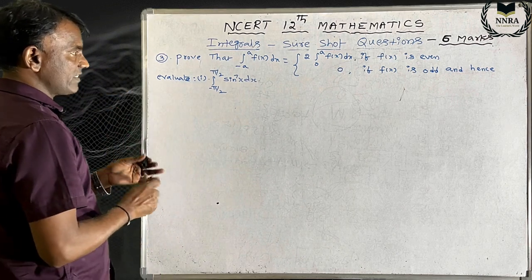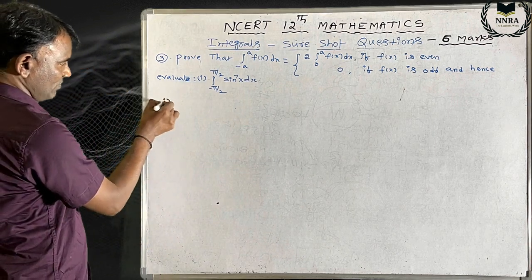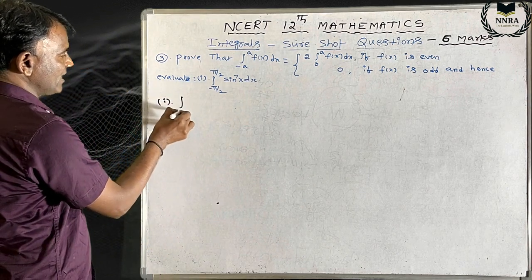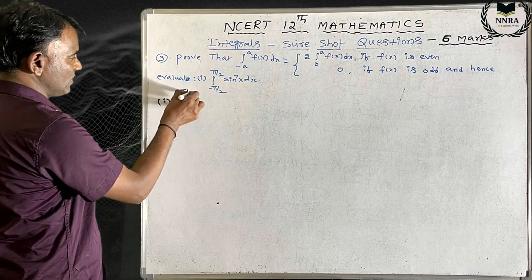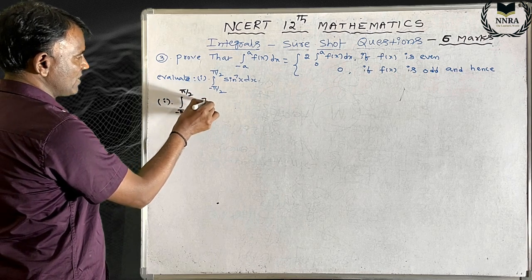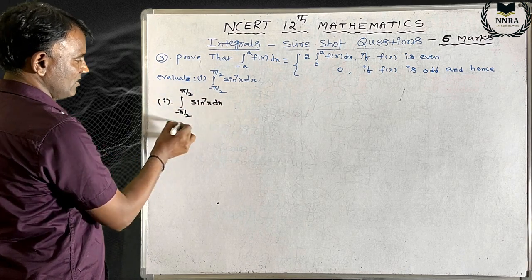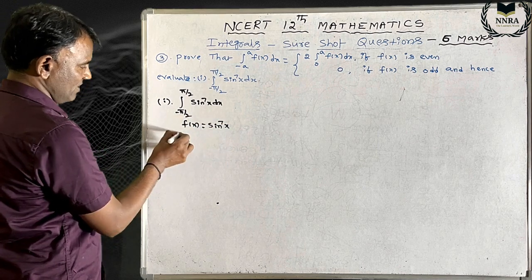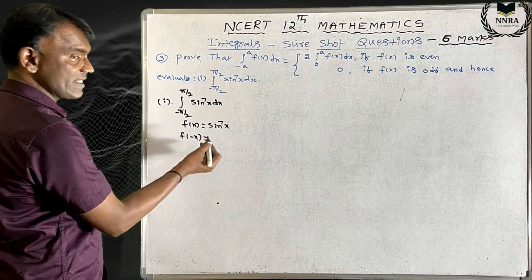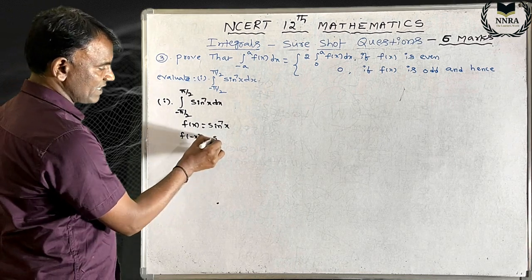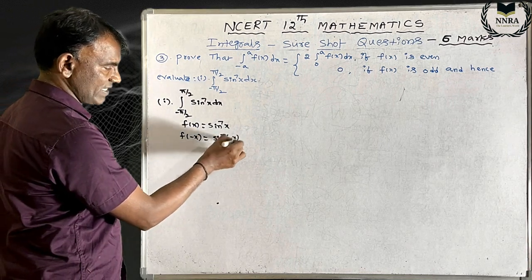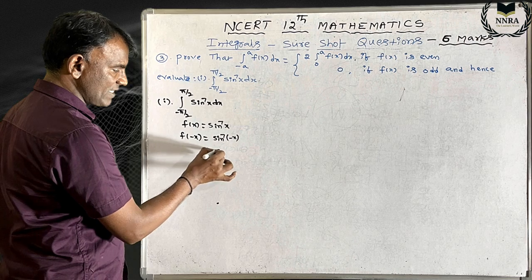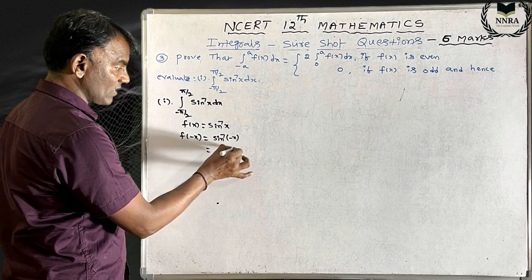Okay. Now this is the first question. What is the value of the integral from minus pi by 2 to pi by 2 of sin power 7x dx? What is f of x here? Sin power 7x. Now f of minus x is sin power 7 of minus x, which can be written as sin of minus x whole power 7.